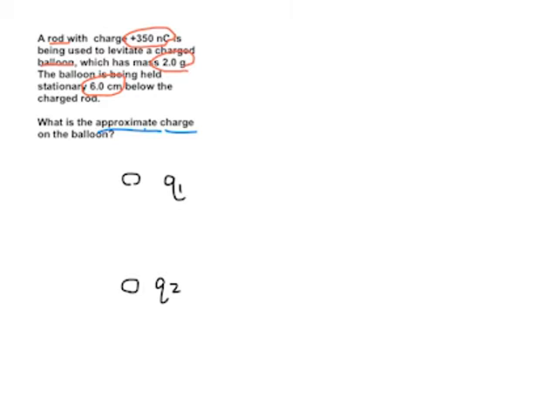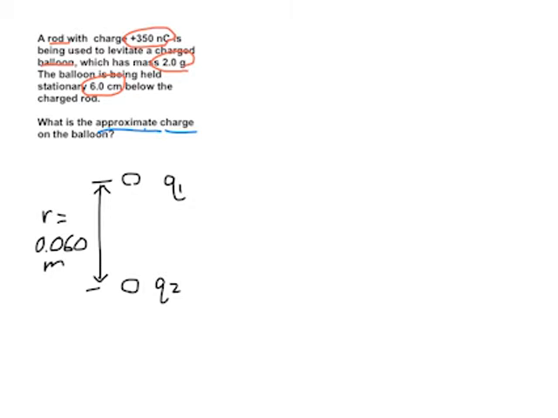We've got a charged rod up here at the top. We have a balloon down below, and there's a distance between them. The distance between them is 6.0 centimeters. That's the R in our Coulomb's law expression. And of course, we need to put that in meters, so 0.060 meters.